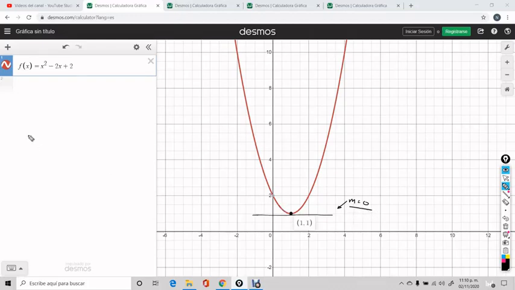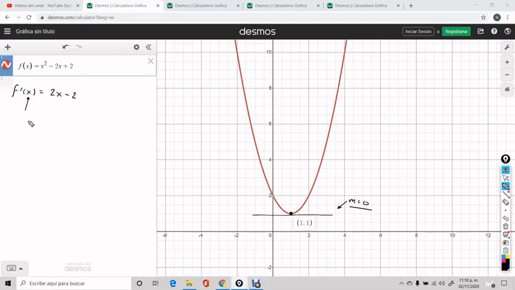You see? So what do we do? What we do is the following. Take your function, get the derivative. This is the derivative of my function. And what this derivative does for me, at least one of the things it can do, is calculate the slope of the tangent at any point x that I place right there.